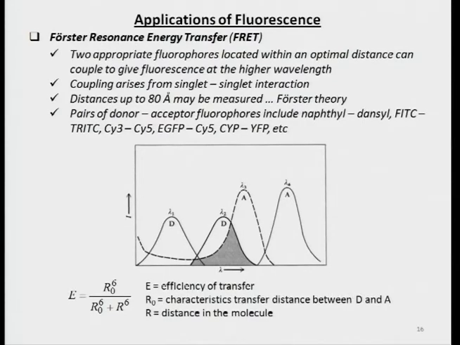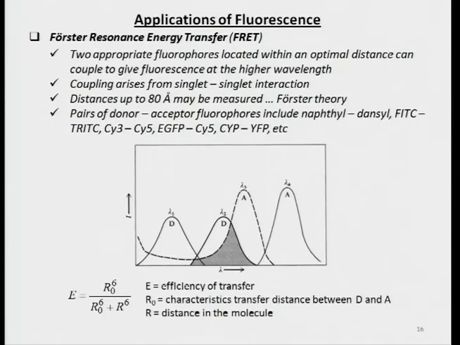That is typically called a donor, and you can always only go from a higher to a lower. Therefore, this system has to be at a higher energy side. And then you have a fluorophore which has an excitation spectrum and an emission spectrum.